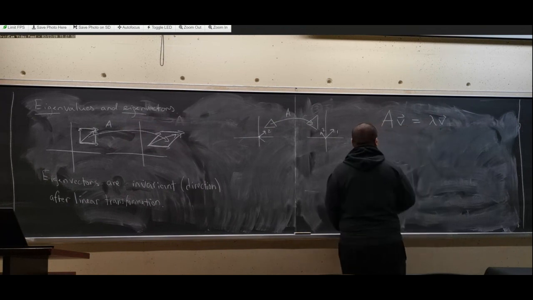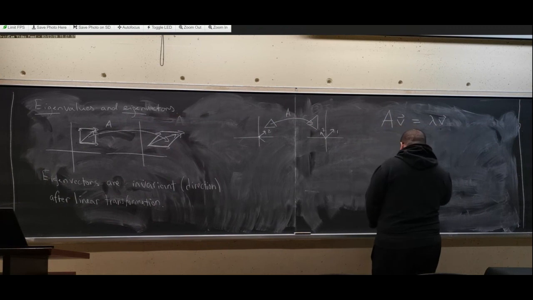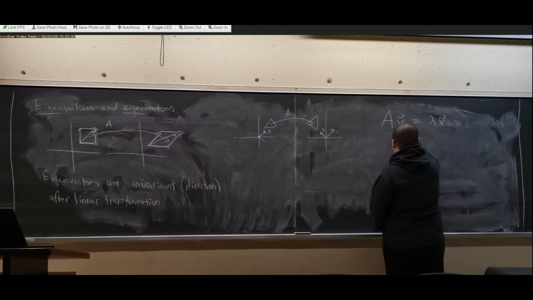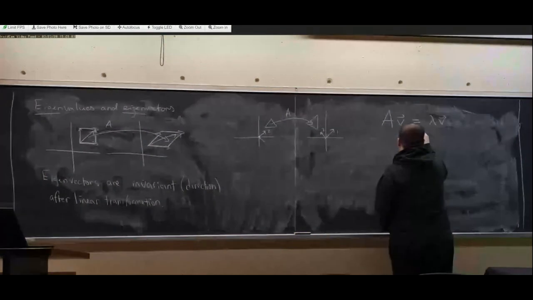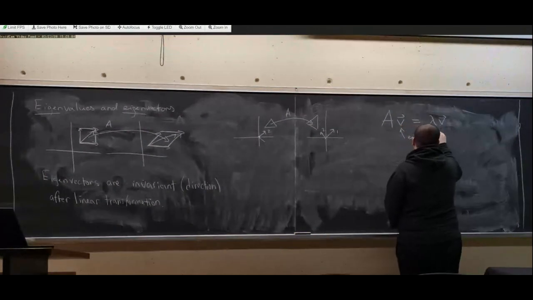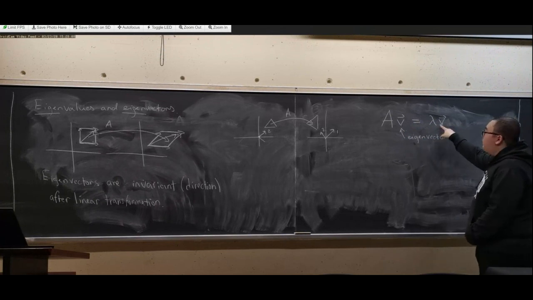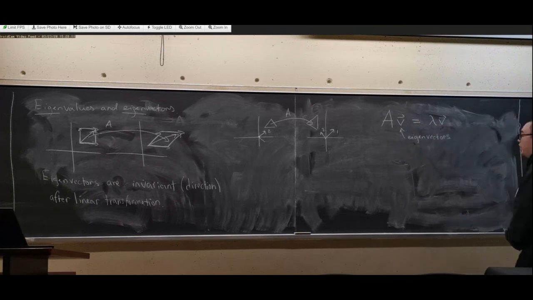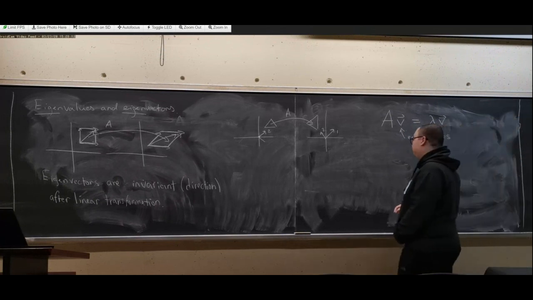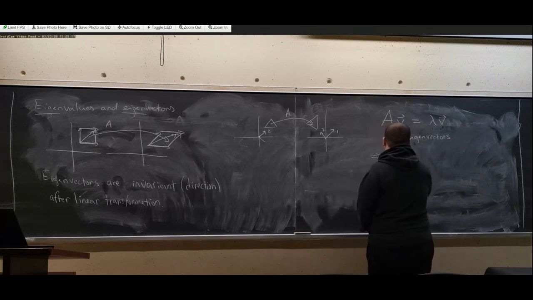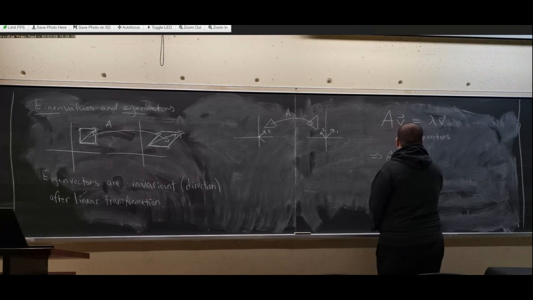Right? So this is the one that we're looking for. We're looking for all these. This would be an eigenvector. We're looking for all v's such that after the transformation, it is still in the same direction, albeit with some change in the norm. And if we rearrange it a little bit, we have Av minus lambda v equals 0.